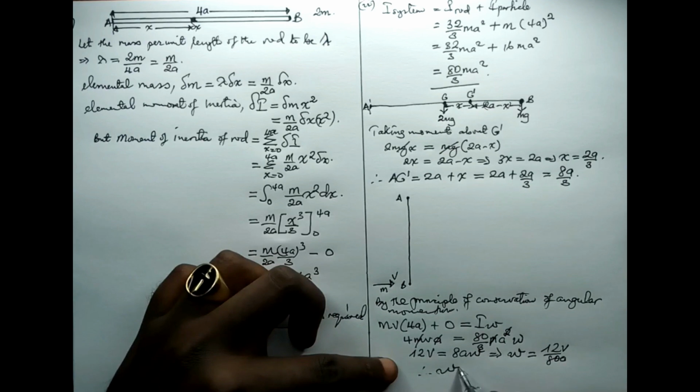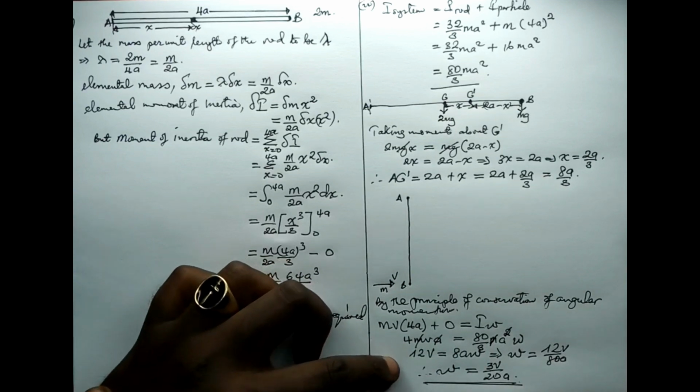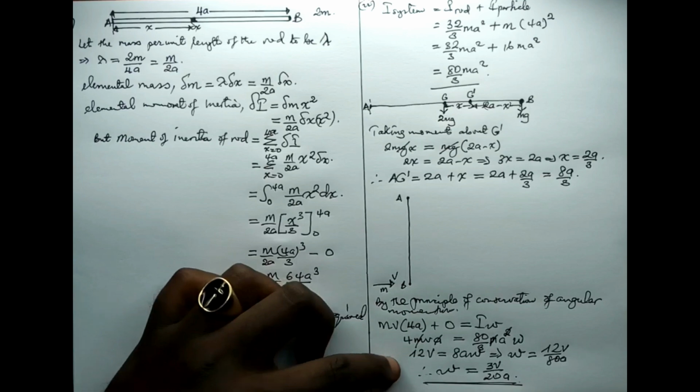Therefore omega equals, dividing by 4, we get 3v all over 20a. That is the angular speed of the system immediately after impact.